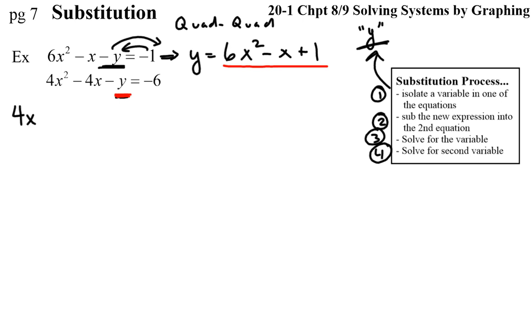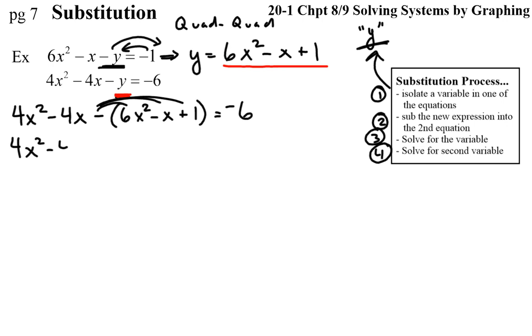Because when I substitute in there 4x squared minus 4x minus, now I can put in the y expression. 6x squared minus x plus 1 equals -6. Now I just have to distribute the negative. I don't have to do a whole bunch of squaring. So you want to be careful.